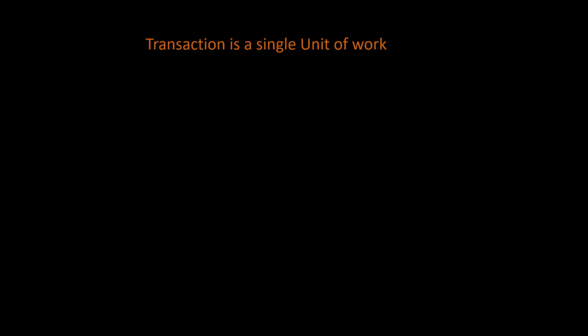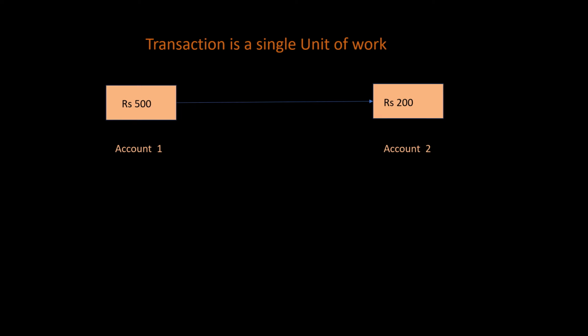A transaction is basically a single unit of work. For example, take these two accounts, where we want to transfer some amount from account one to account two. While doing this transaction, there will be multiple steps before we complete the transaction in totality.